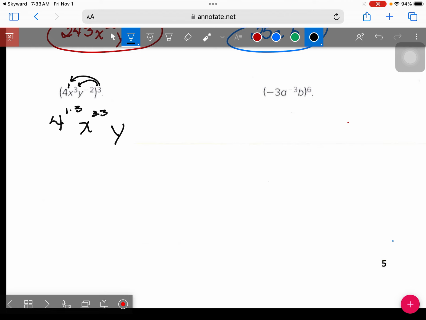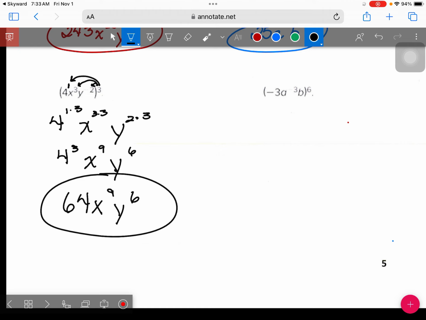And y squared times 3. So 4 to the 3rd, x to the 9th, y to the 6th. 4 to the 3rd is 64. X to the 9th, y to the 6th. How many had that for an answer?